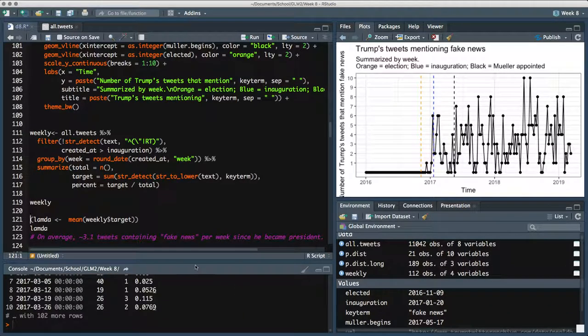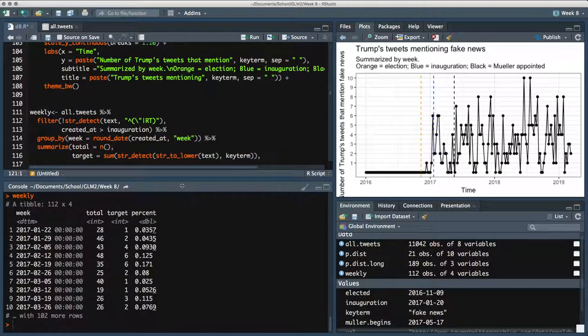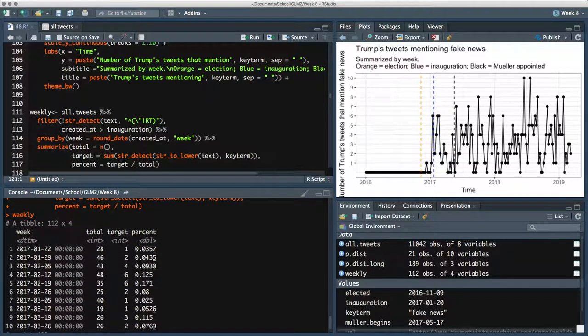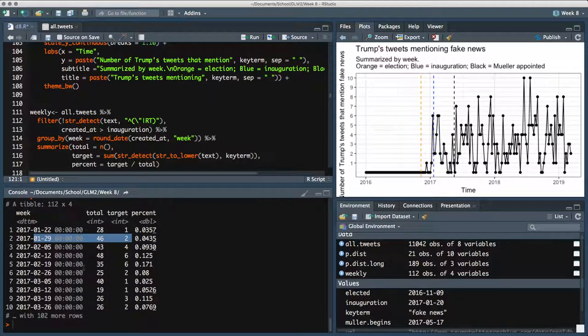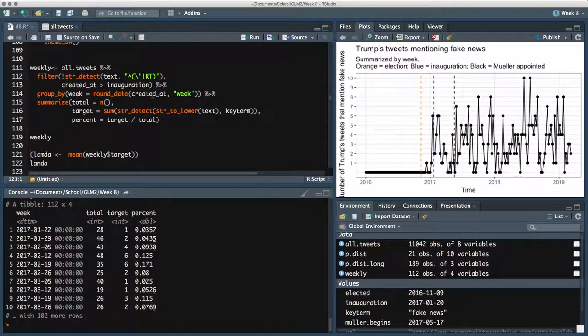And so with this next chunk of script, all we're doing is summarizing to get the weekly statistics. For the week of January 22nd, 2017, he had a total of 28 tweets, one of which mentioned fake news. The following week he had 46 tweets, two of which mentioned fake news, et cetera. So now we have this data frame of the weekly summaries of the total number of tweets and how many of those had the text fake news.